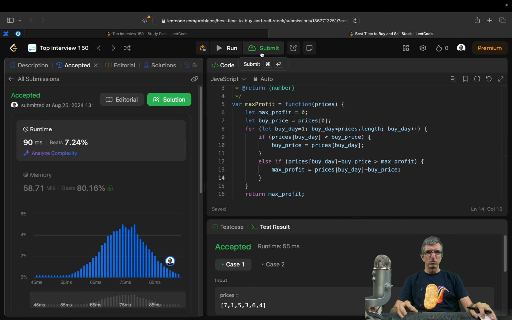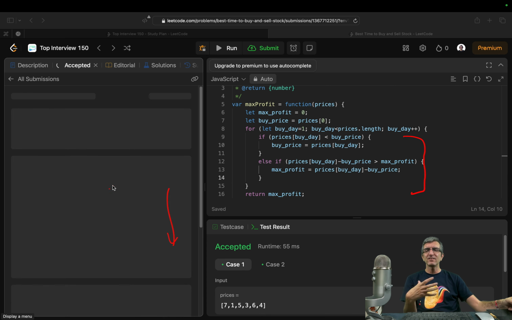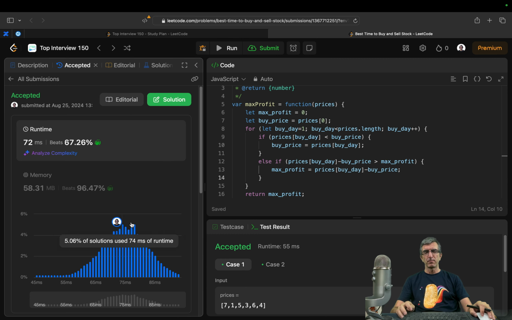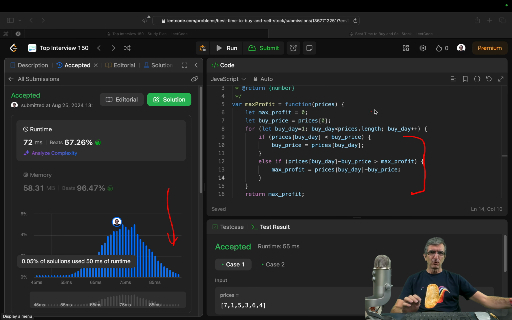This is what some people do, because this speed is highly based on the status of the server, how busy it is, and other stuff. Some people just run it times and times and times to reach here and then say, oh, I solved it very fast. But our algorithm is very fast.